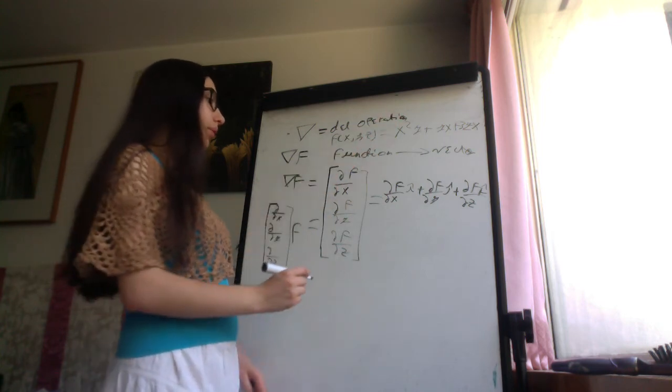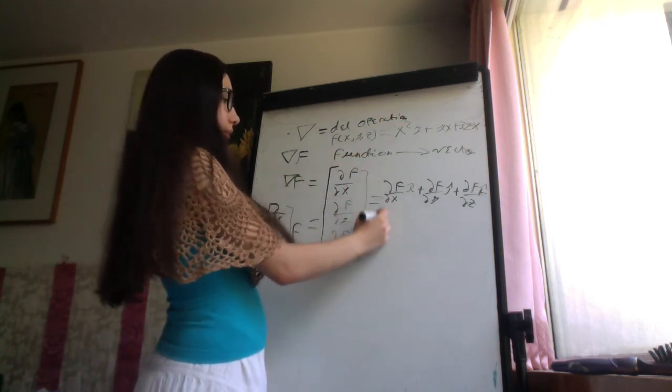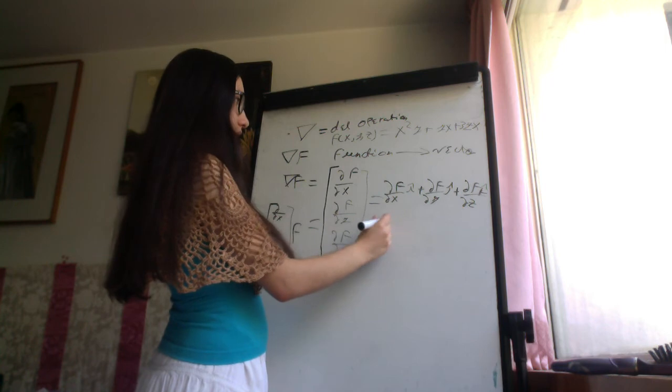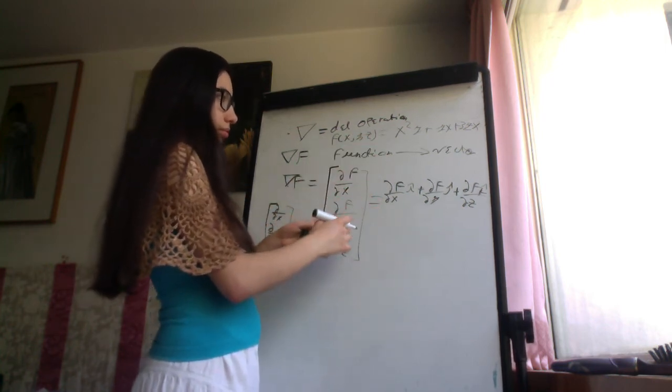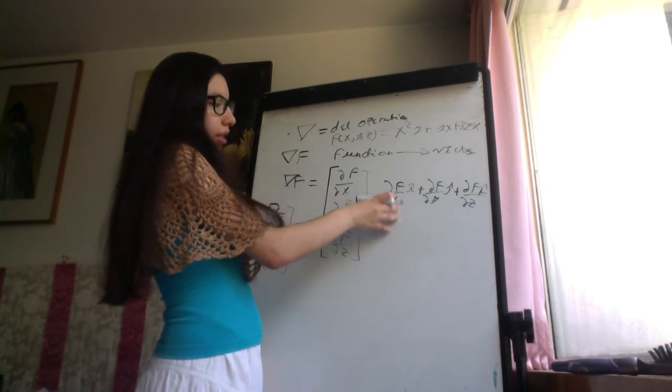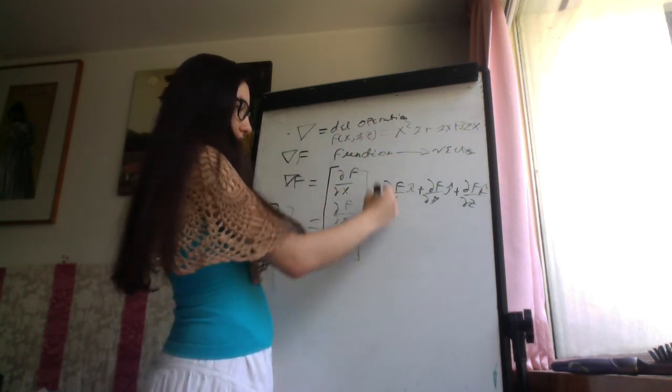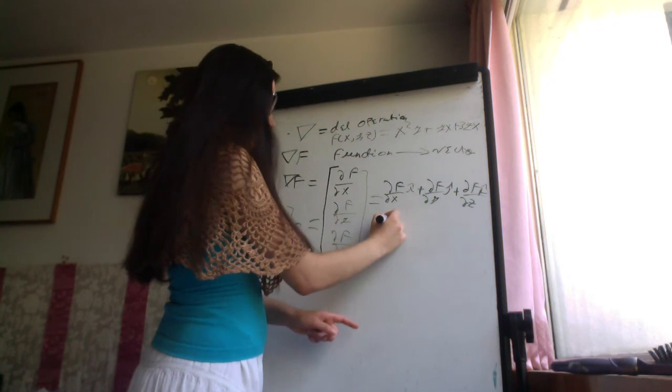So in this example it will be 2x... So we first take the partial derivative of f with respect to x.